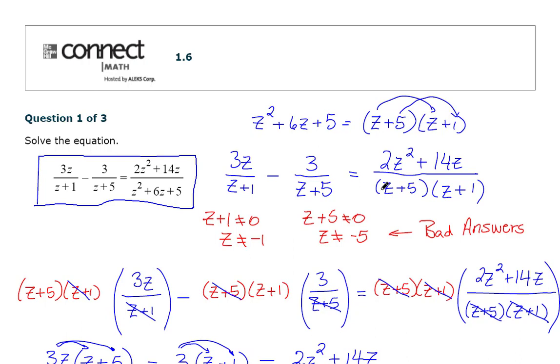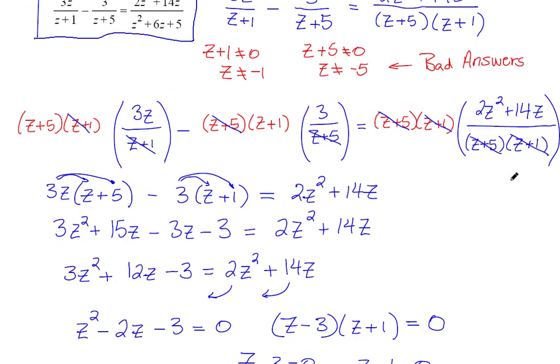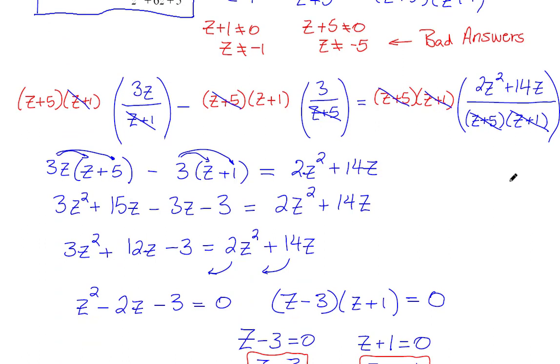Next, I want to get rid of all these ugly denominators. So I'm going to multiply through by this product because that would cancel all denominators. So you can see here, I multiplied every term that we had by z plus 5, z plus 1.